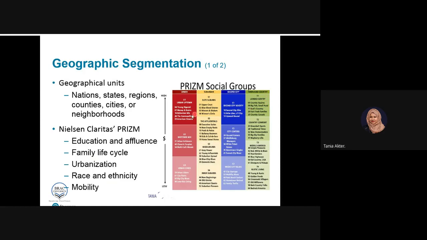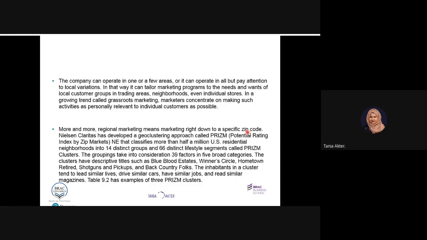Within these four, there are 14 types, and within these 14 types, there are 66 criteria. This is a very specific distinction between people, done in terms of zip code. It's called Prizm because Prizm is, you can see here, Potential Rating Index by Zip Market. That's why it's called Prizm.